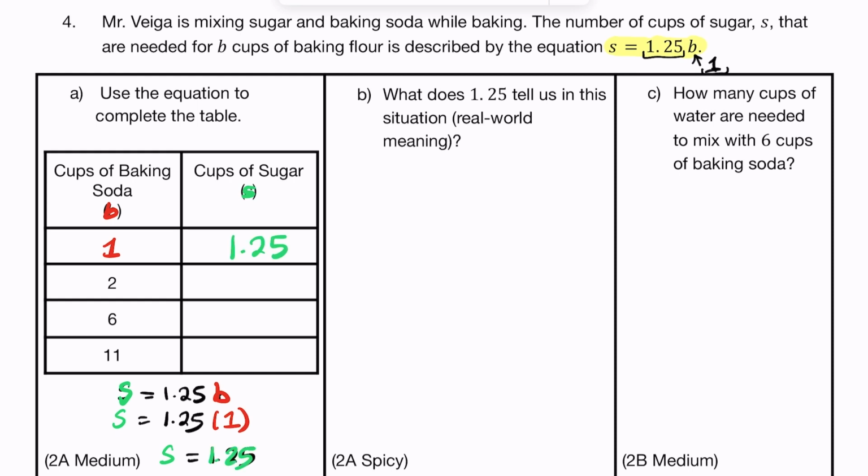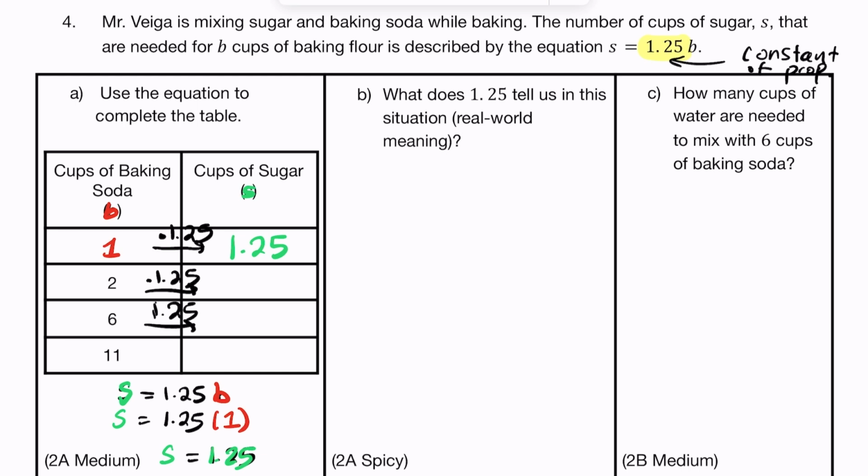The other thing we know is that this number here in this equation is giving me my constant of proportionality. So that's the number we multiply x by to get to y. Okay, so you can also just, for the same reason, say, okay, I know my constant of proportionality is 1.25, so I'm going to do this for all of them.